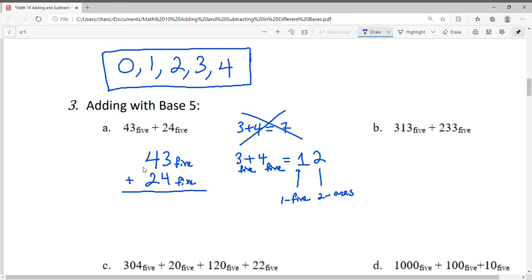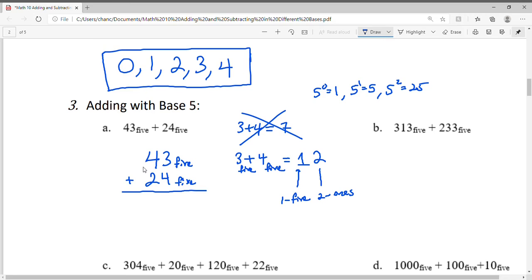Remember, we're talking about base 5, so the powers of 5 are 5 to the 0, that's equal to 1, 5 to the 1 equals 5, 5 squared equals 25. So the first one represents the 1s, the next one represents the 5s, and then we have the 25s, and so on. Just like in base 10, you have the 1s, the 10s, the 100s. They're all powers of 10. Here we have all powers of 5.